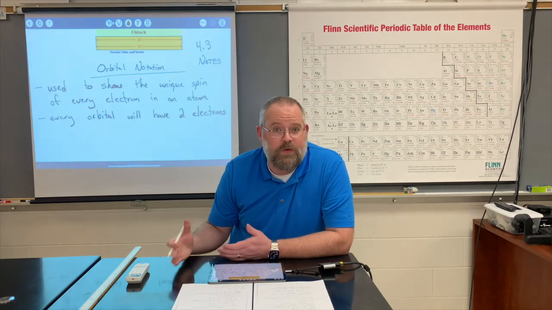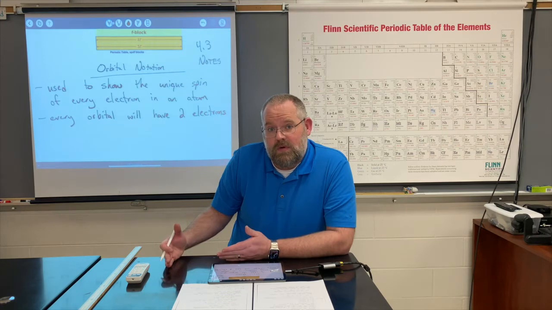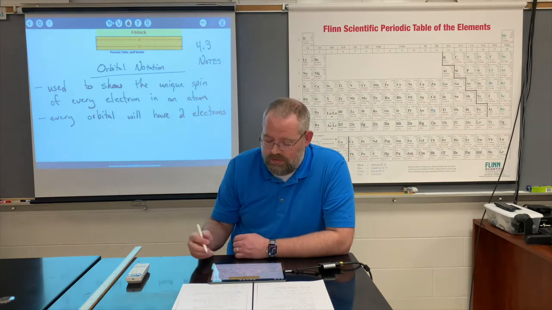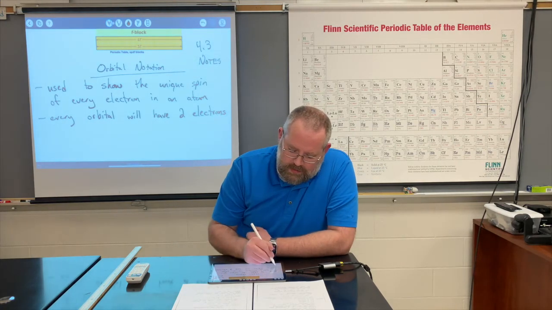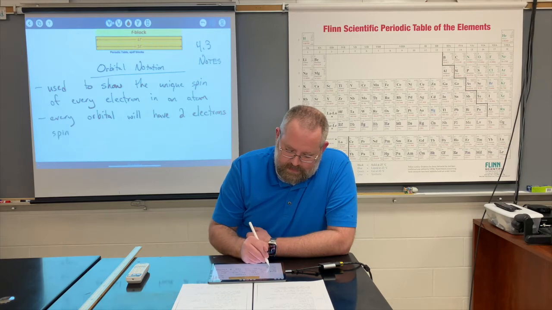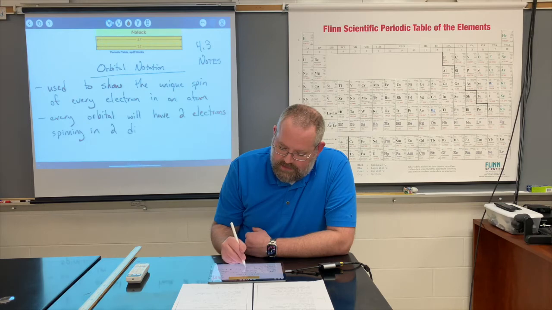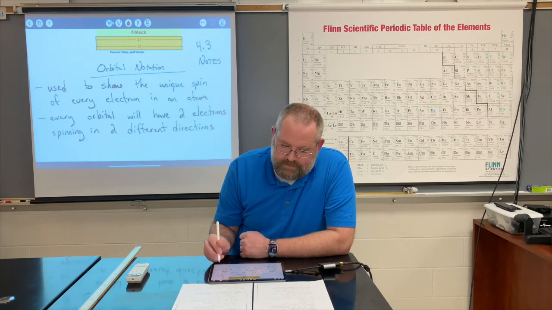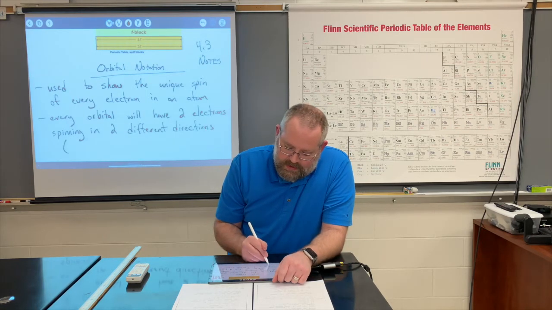F block has 14 spaces, 7 orbitals, so each orbital holds 2. Okay, they will spin in 2 different directions, and we refer to this as an upspin and a downspin.